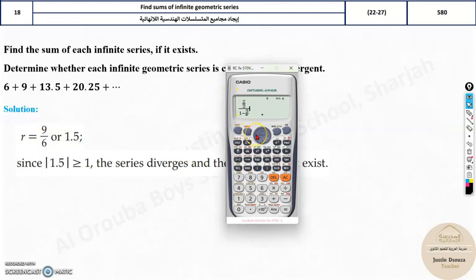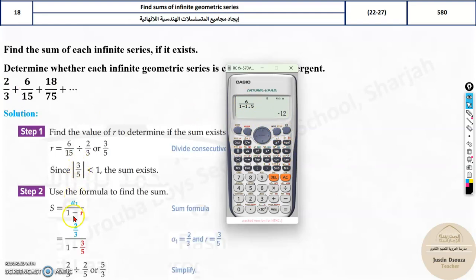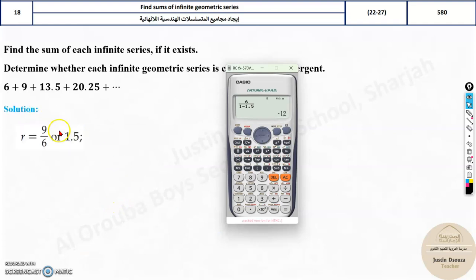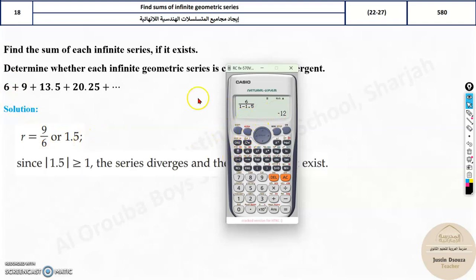If you want, you can try this using the same formula, a1 divided by 1 minus r. The r value was 1.5, a1 is 6. Is this correct? No, it's wrong. This doesn't make sense, because the r value was more than 1.